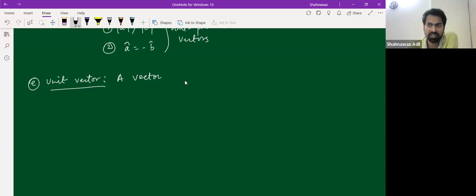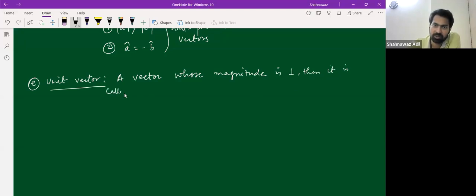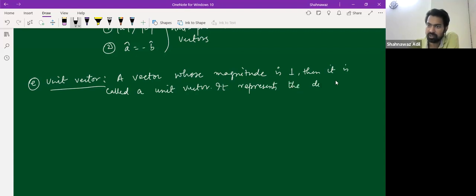So a unit vector is a vector whose magnitude is 1. It represents the direction of the vector.